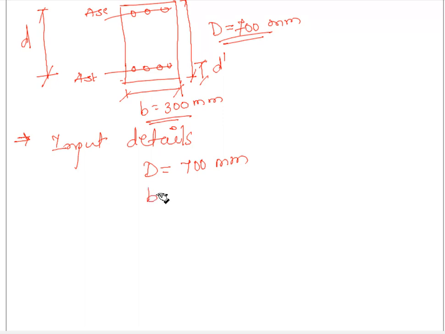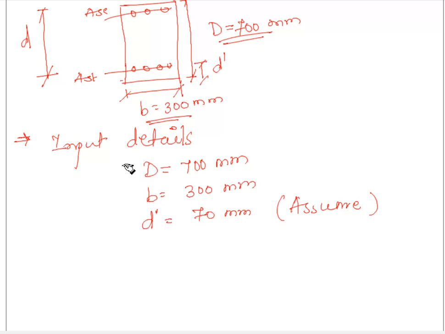We have width 300 mm. What we require is the effective cover, D dash. For D dash we have assumed 70 mm. Let us assume this and design accordingly. If the design is not safe, then we will reassume with some other value.